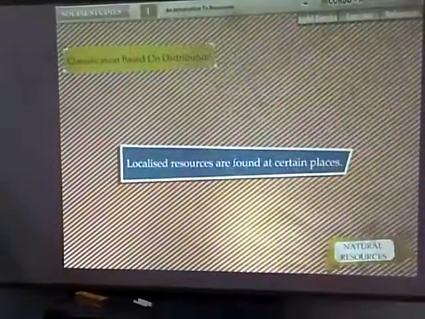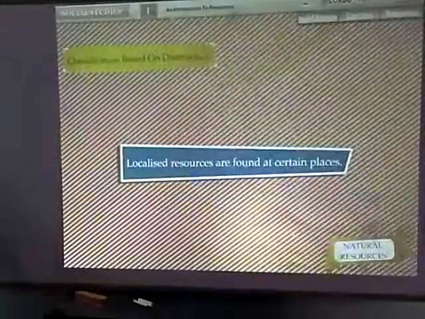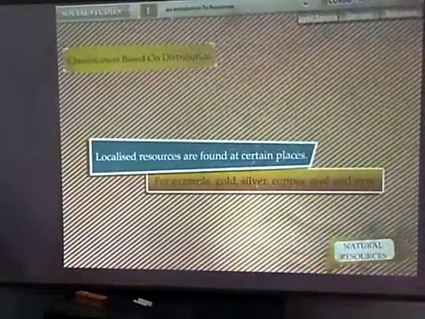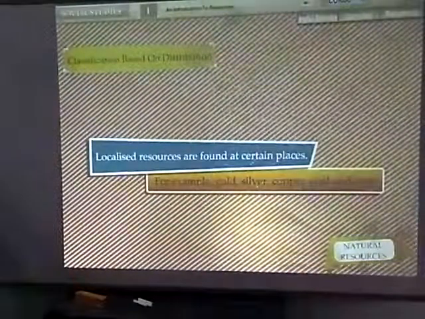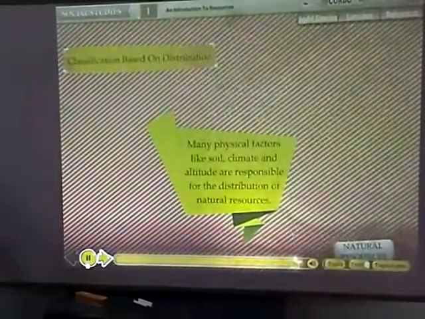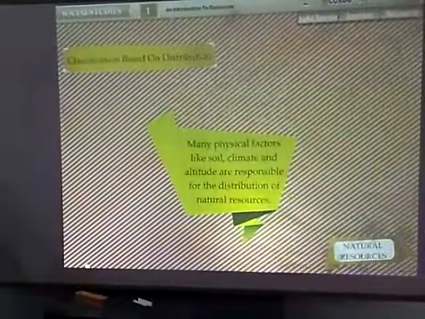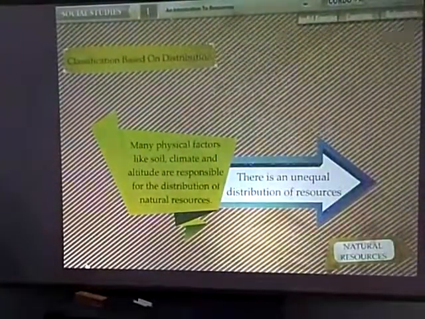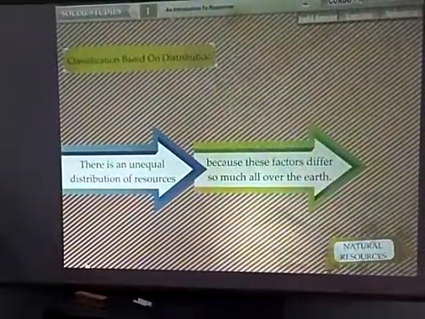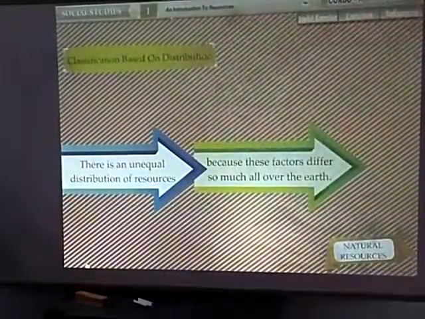Localized resources are found at certain places. For example, gold, silver, copper, coal, and iron. Many physical factors like soil, climate, and altitude are responsible for the distribution of natural resources. There is an unequal distribution of resources because these factors differ so much all over the earth.